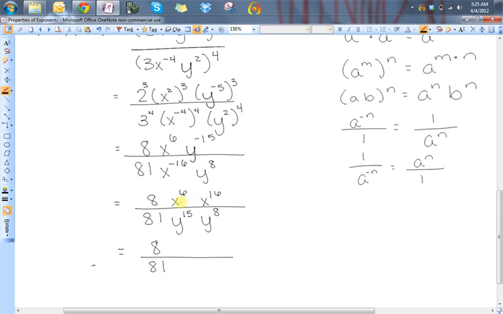So I need to do x to the 16th times x to the 6, or x to the 6 plus 16. So that's going to be x to the 22. Then y to the 15th times y to the 8th, so just add the exponents. So it's going to be y to the, had a brain fart there, 23rd.